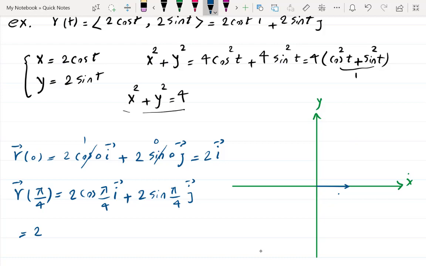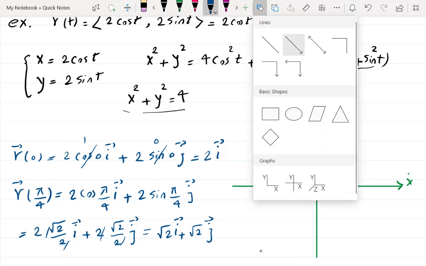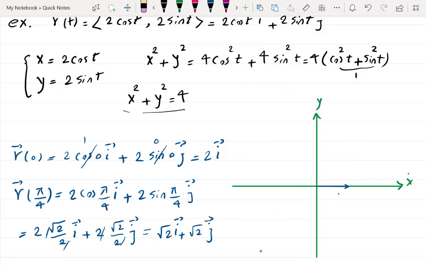Cosine of pi over 4 is square root of 2 over 2, so we have 2 times square root of 2 over 2 i plus 2 times square root of 2 over 2 j. By simplifying, we have square root of 2 i plus square root of 2 j. Okay, that is this one.